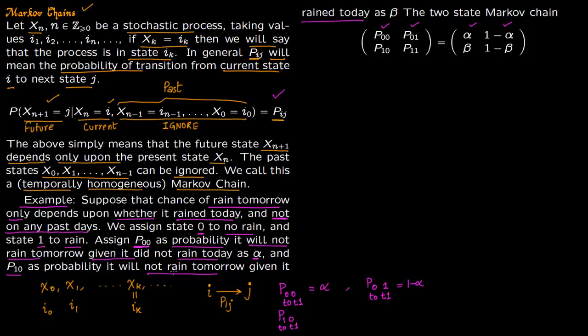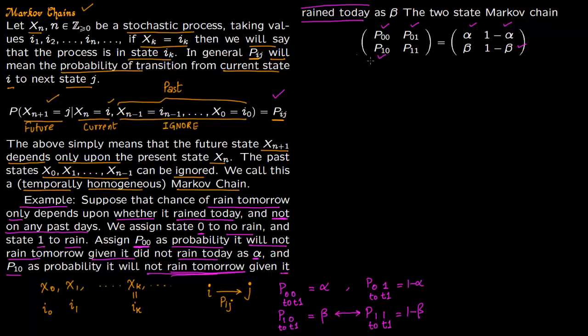So the probability it will not rain tomorrow, X1 is 0, given it rained today, so X0 is 1. P10 is given to us as beta. The probability P11, that it rained today and tomorrow will also rain, will be 1 minus beta, because these two events are complementary. So if this is beta, this will be 1 minus beta.